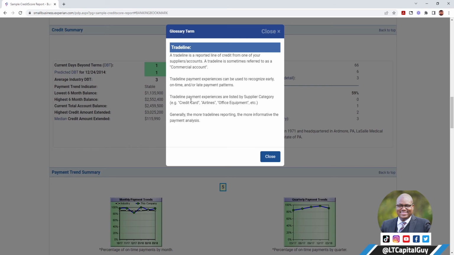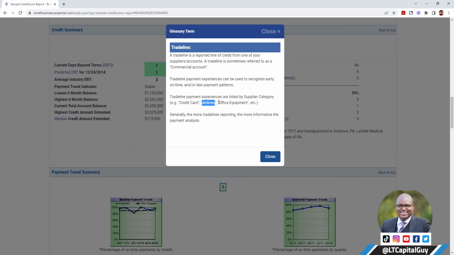So just going back to this, one thing to keep in mind is that in your business credit report, they're never going to show the name of the credit card company that you have. It's always going to say something like credit card. It's never going to show the airline company that your business is doing business with. It's just going to show airlines.